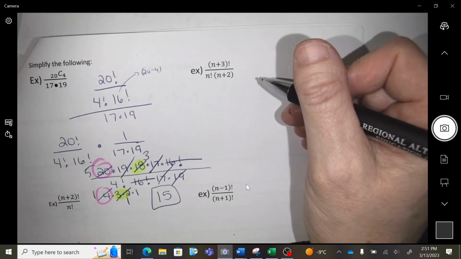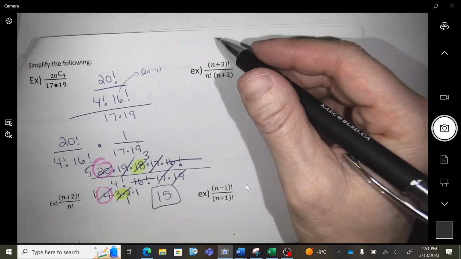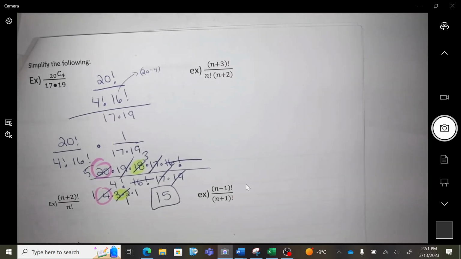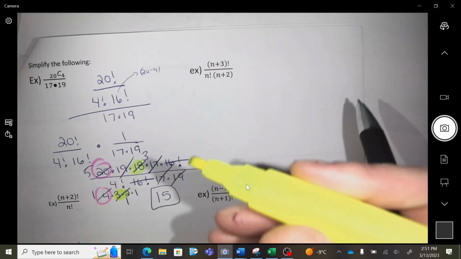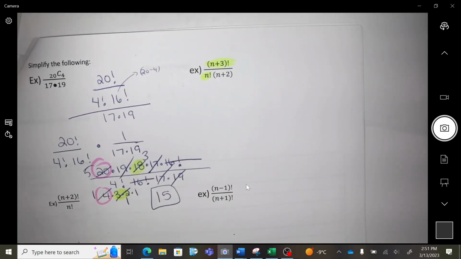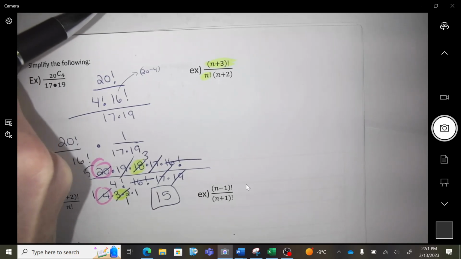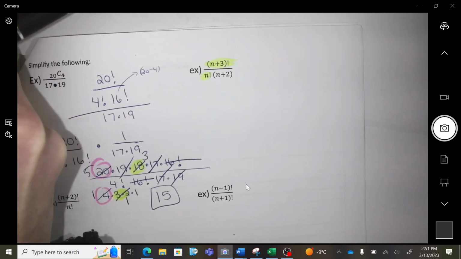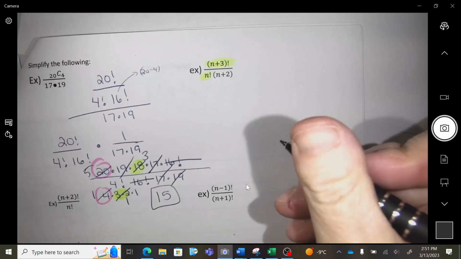Okay, number 2. Which factorial is bigger? Having n plus 3 objects or n objects? Which one is bigger? What's a bigger number? N plus 3 is bigger.